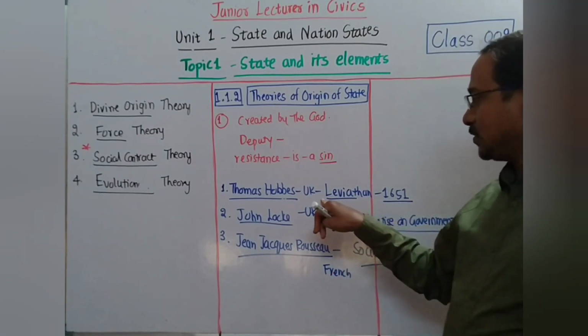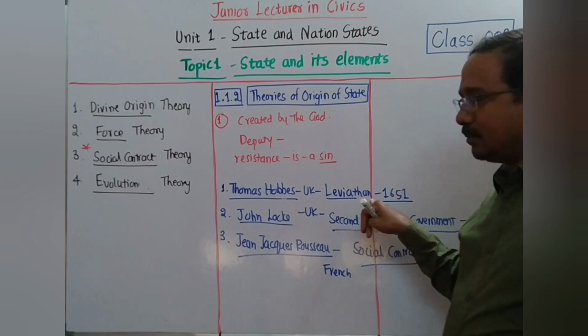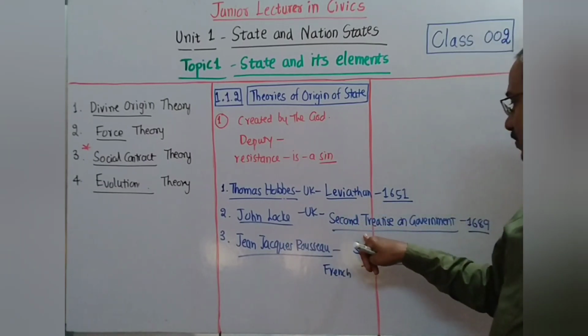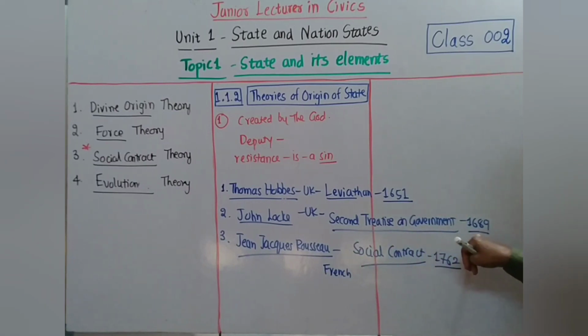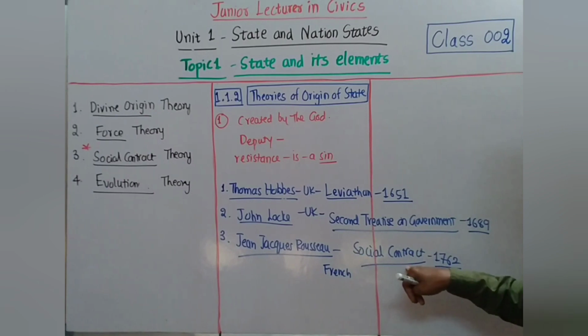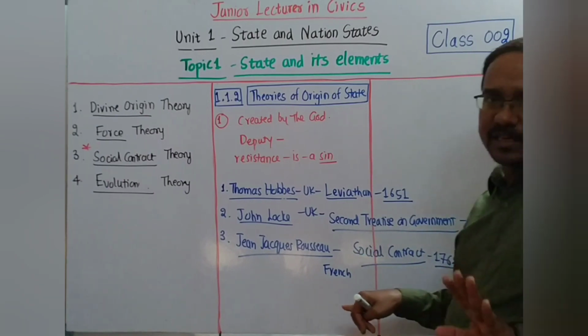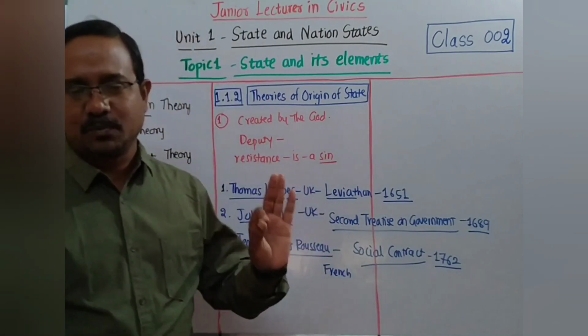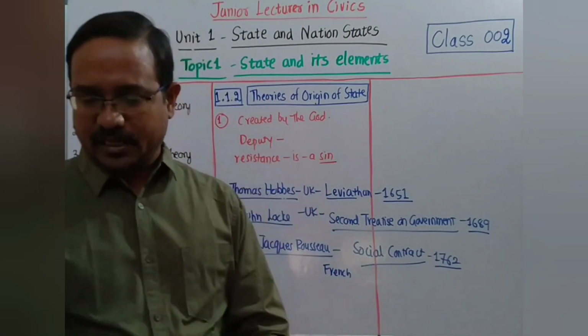Thomas Hobbes wrote Leviathan, published in 1651. John Locke wrote Second Treatise on Government, published in 1689. Rousseau published the Social Contract in 1762. These are the most important exponents of the social contract theory.